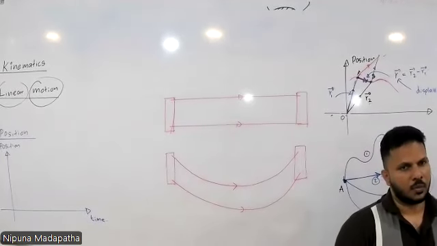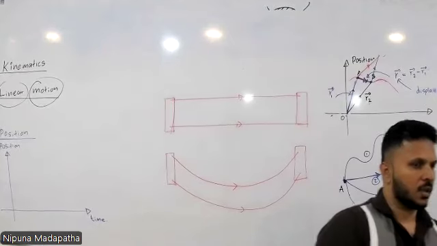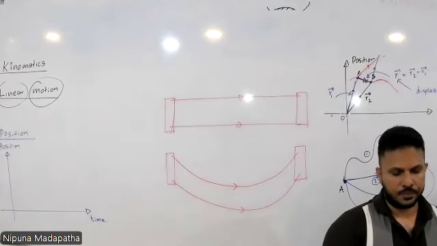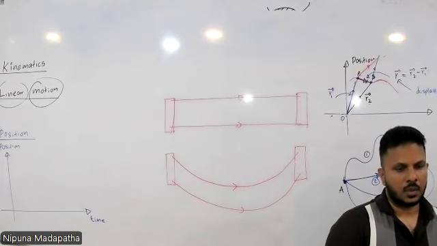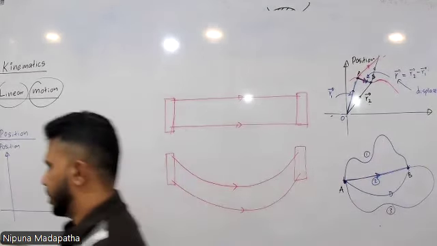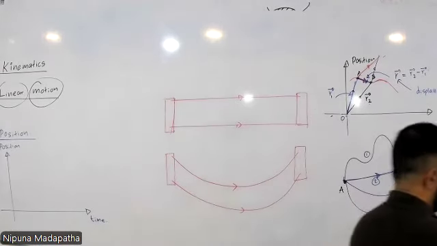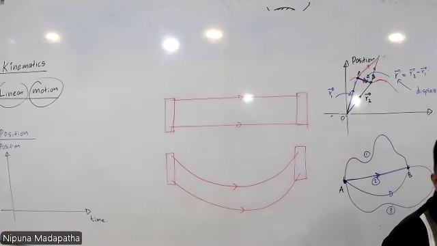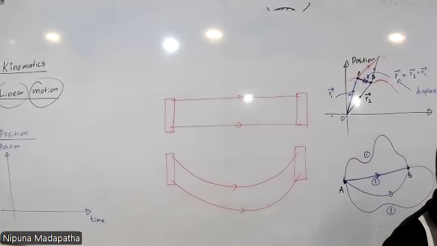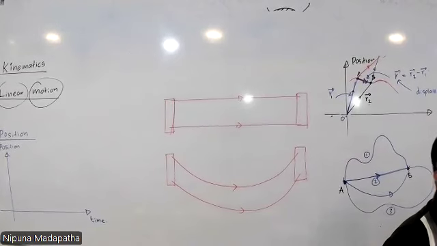What is motion? Define motion. Motion is a change in the position of an object over time.